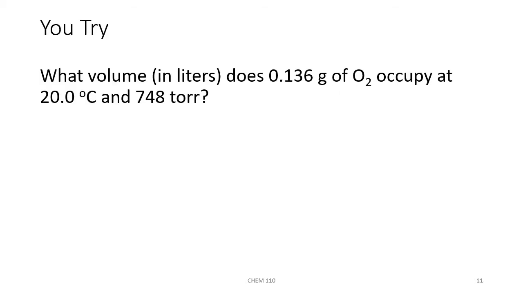Let's try another example. What volume in liters does 0.136 grams of oxygen occupy at 20 degrees Celsius and 748 torr? So starting with our ideal gas law, PV equals nRT. This time we want to rearrange and solve for the volume. So our volume will be equal to nRT divided by P. Making sure that we have the correct units for everything.